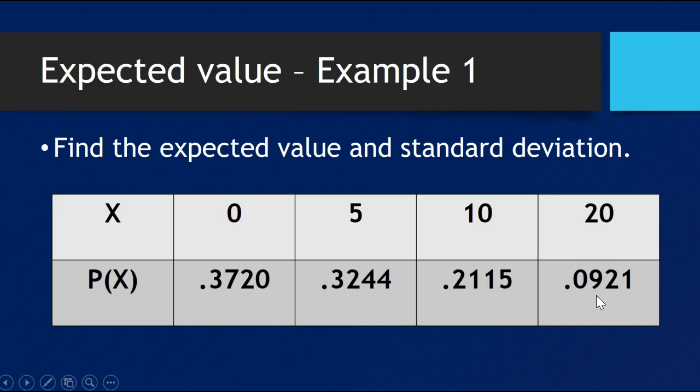Now, here's the interesting thing. It turns out that even though an individual can't land on the expected value number, that expected value number is actually more interesting because it can't be landed on. All right? It actually tells me something about the group as a whole.